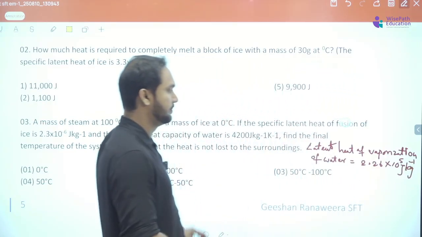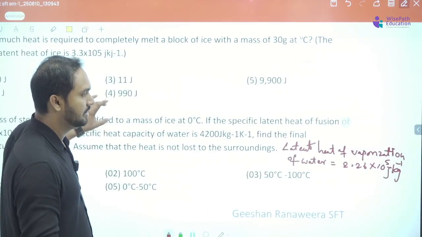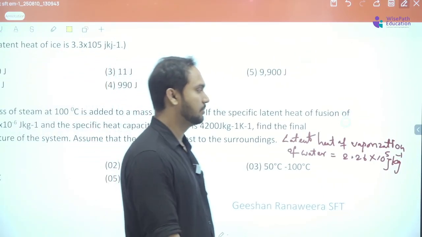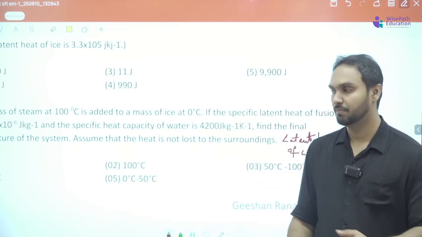Latent heat of vaporization of water is 2.26 into 10 to the power 5 joules per kilogram.